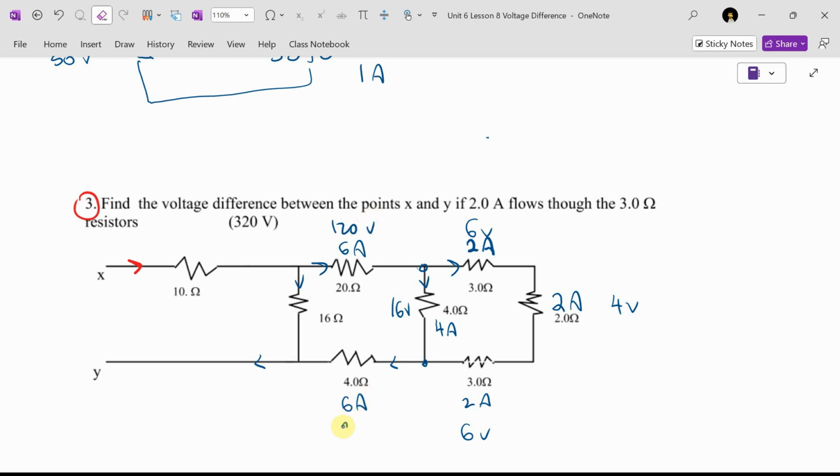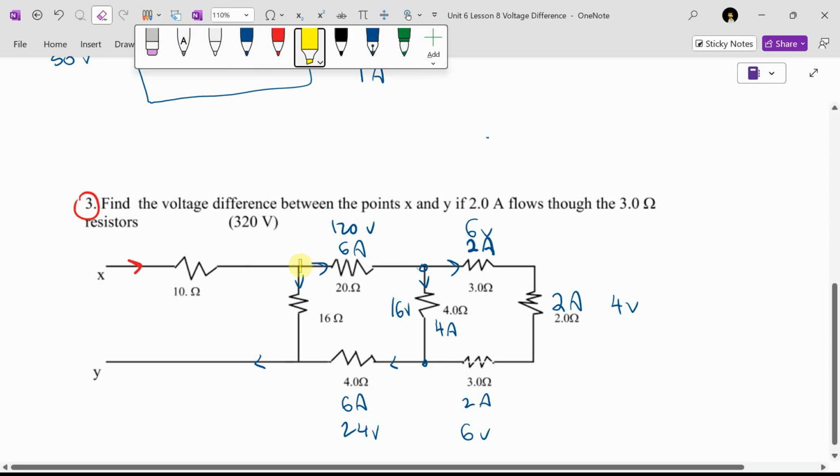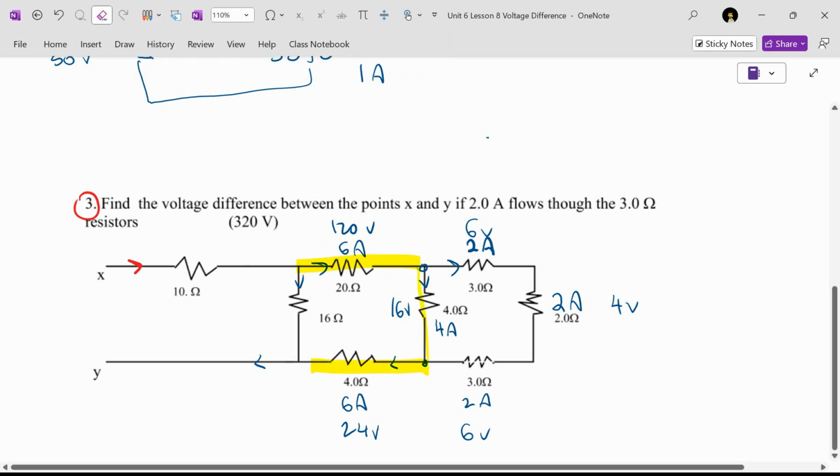And I know the voltage down here. This is 20 volts, 24 volts. What that means is this branch here is 120 plus 16 plus 24 volts. 120 plus 16 is 136 plus 24. This whole branch here is 160 volts. From here to here is 160 volts.